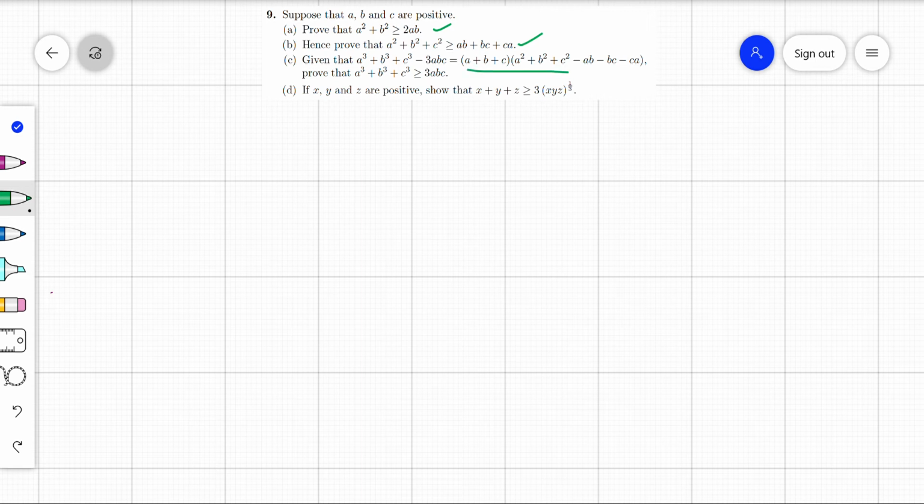This one we know has to be greater or equal to 0 because it's the product of two positive terms because of part b.